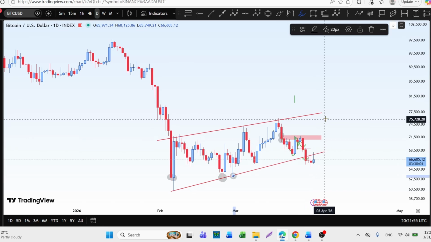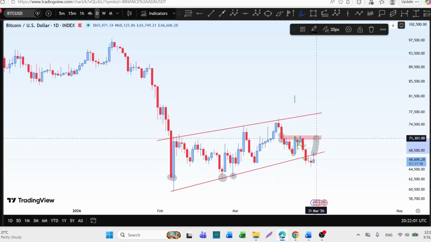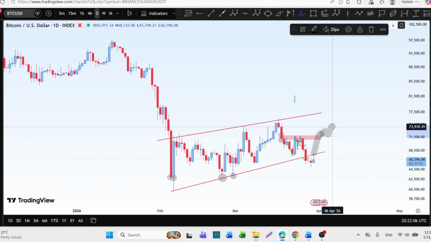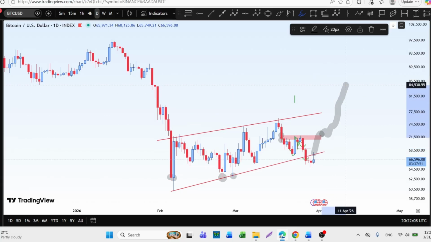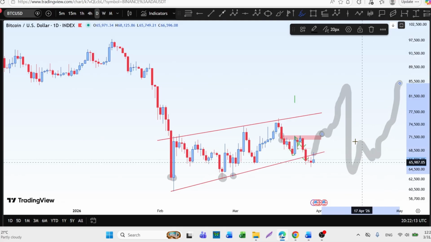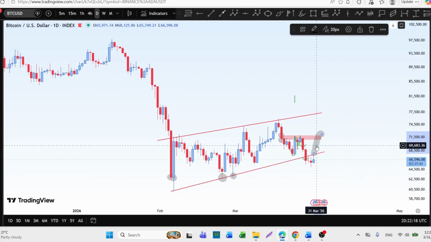But all this would be invalid if we take the 71k first, because it was a big supply zone. Then we start to make a base, and probably we go as high as 80k or even more, then we drop again for an accumulation phase. This is what I think about Bitcoin.